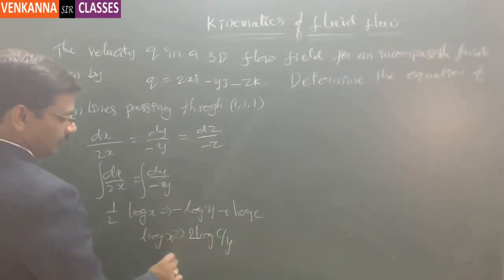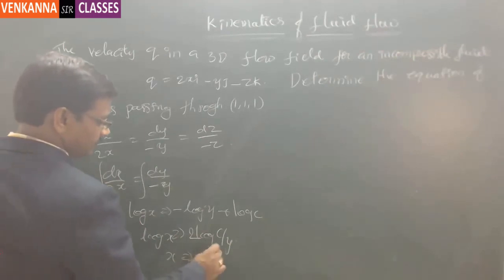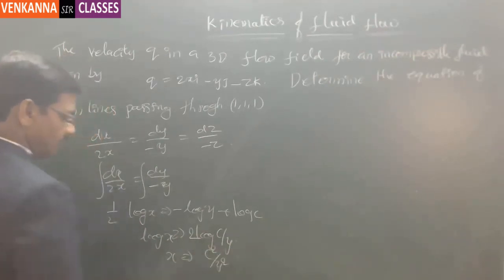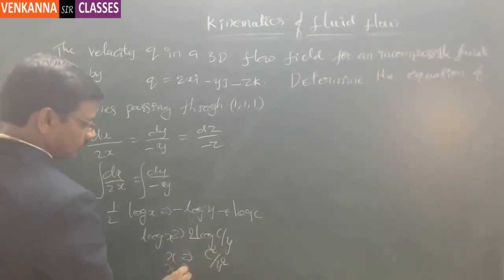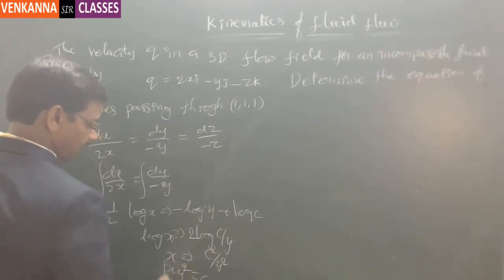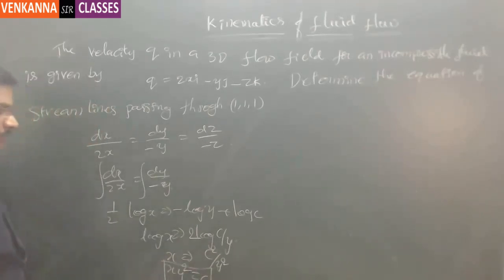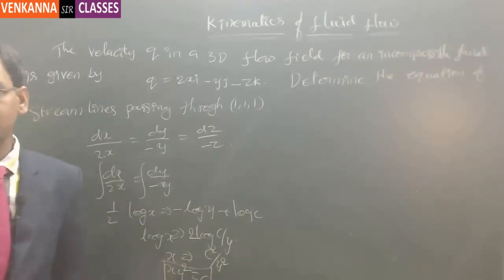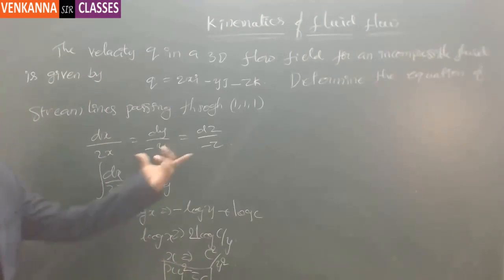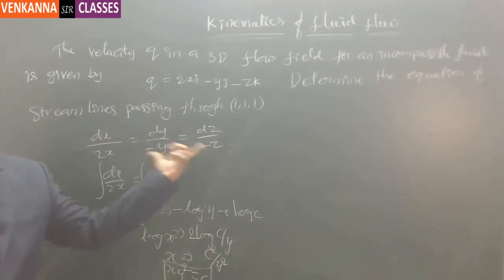So x is equal to c square by y square, or xy square is equal to some arbitrary constant c. So this is one set of streamlines wherein the relation between x and y is given here, and then you can take these two again or these two, which will give one more relation.